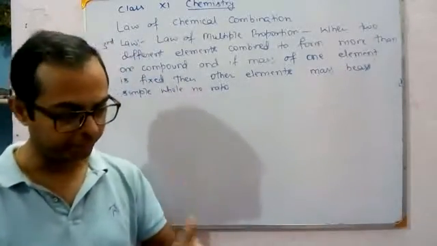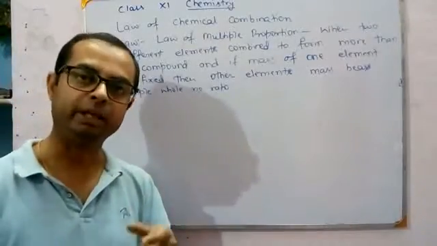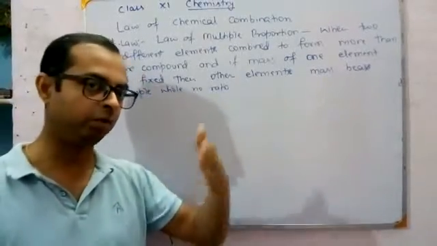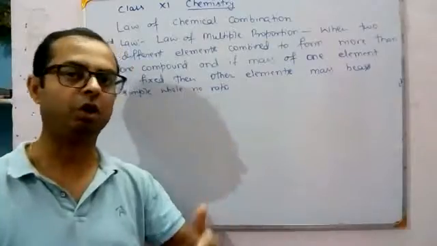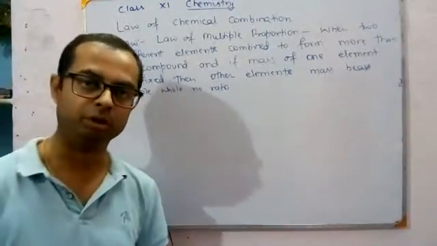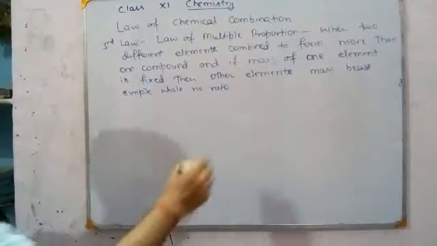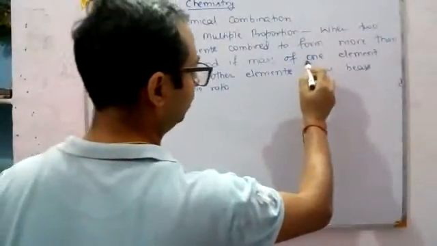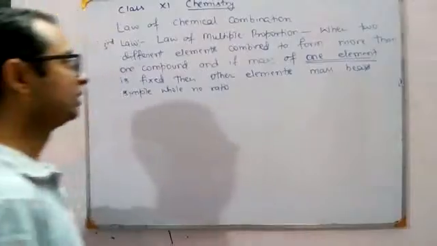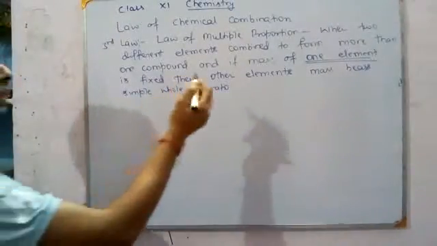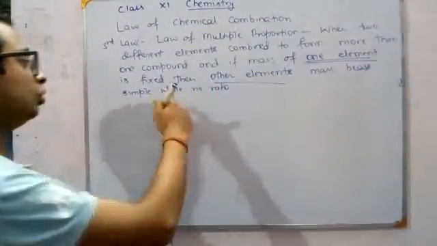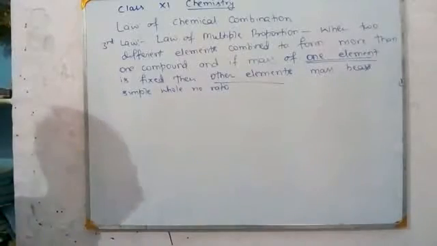And when we fix one element, we'll see that the ratio of the masses of the other element is always a simple whole number ratio, right? It means that whenever we keep one element fixed, the mass of the other element always bears a simple whole number ratio, right?